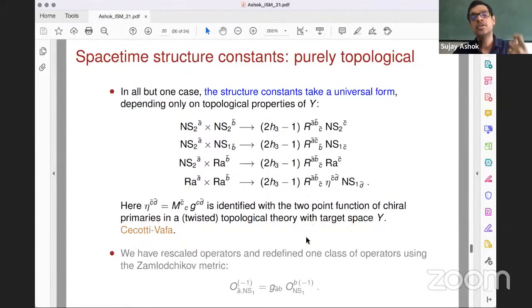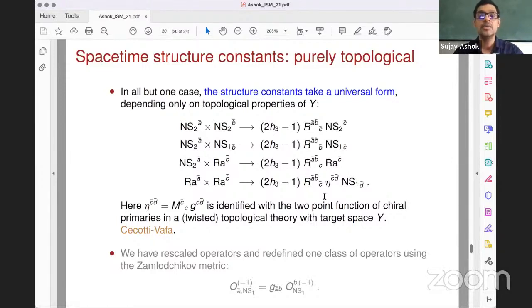To do this, we did a simple change of basis, redefining one of the operators. Once we did that, we see that all the OPE coefficients are purely topological. This is what one would expect naively, and this is what one finds. So whatever Y is, the OPE coefficients look exactly like this.